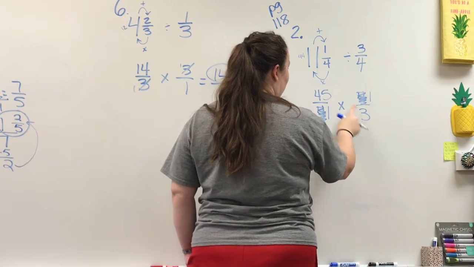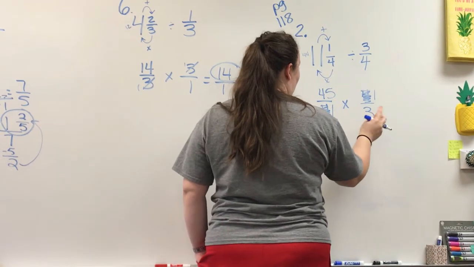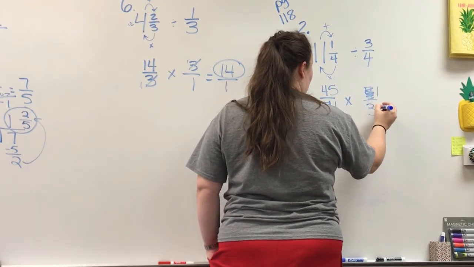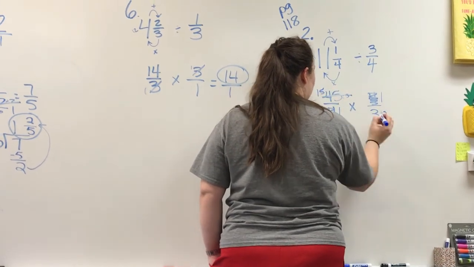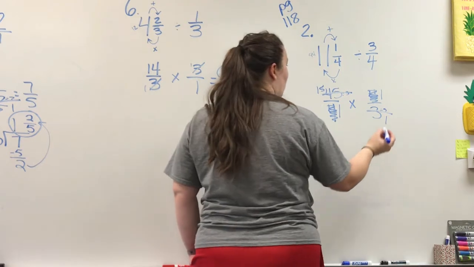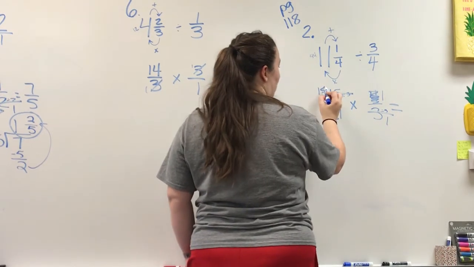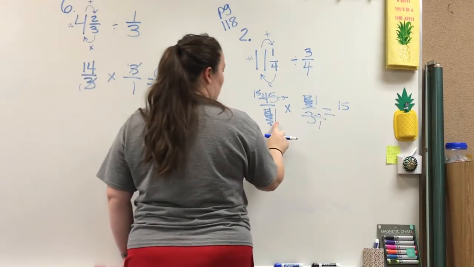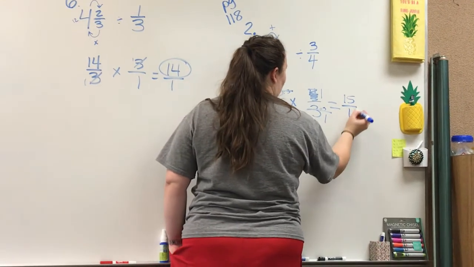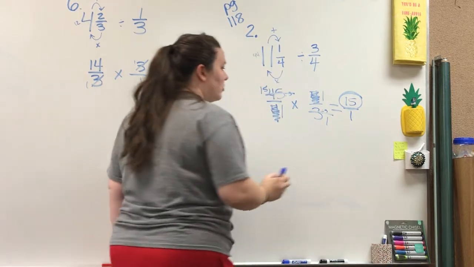And I know that 45 and 3 have a common factor of 3. So this gets turned into 15, and this gets turned into 1. So if I just do my multiplication, it says 15 times 1, which is 15, and 1 times 1 is 1. So how many servings are there in those crackers?